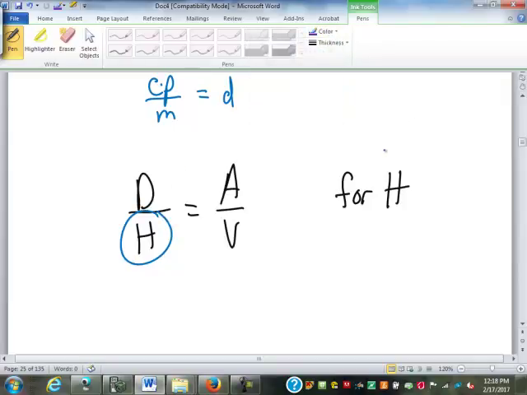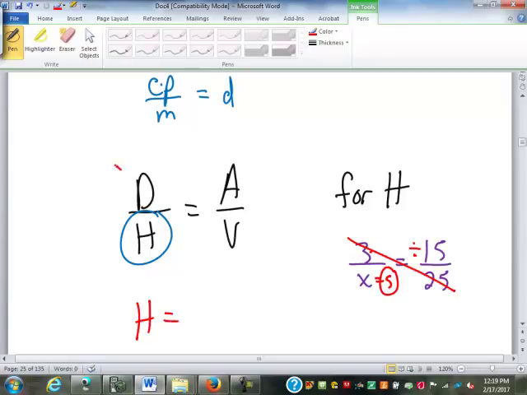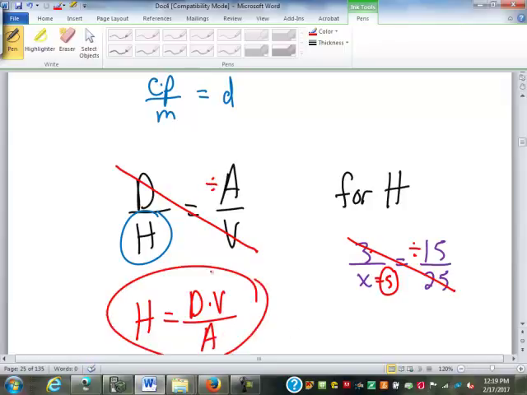But if we think of this as a proportion, remember, if we had a proportion where we had 3 over x equals 15 over 25, we would solve for x by cross multiplying and dividing. 3 times 25 would be 75, divided by 15 would give us x equals 5. We can do the same thing here, only there's no numbers to combine. H is going to equal, we cross multiply, so d times v divided by a. So we get that result. So we've solved it in terms of h.